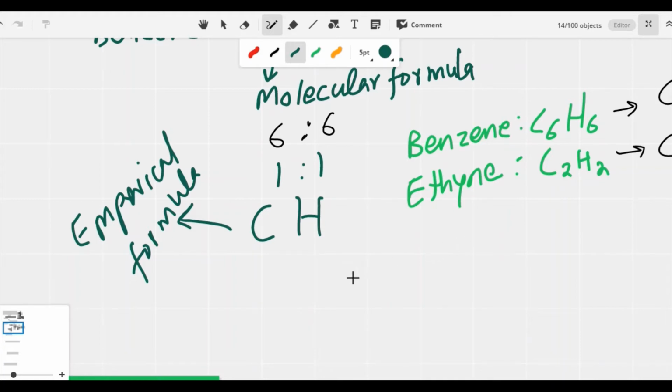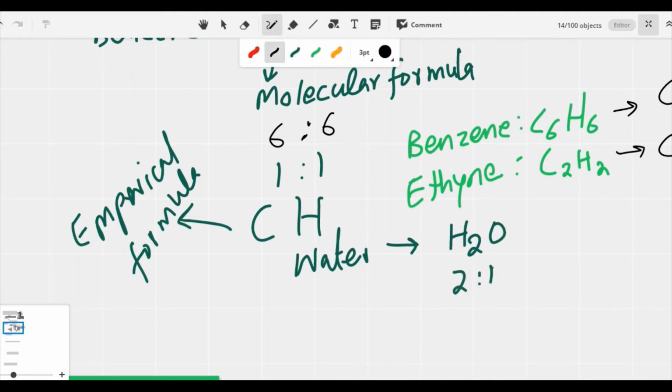But in some cases the empirical formula and the molecular formula would be the same. For example, in the case of the water molecule, the molecular formula of water is H2O and the ratio is 2:1.